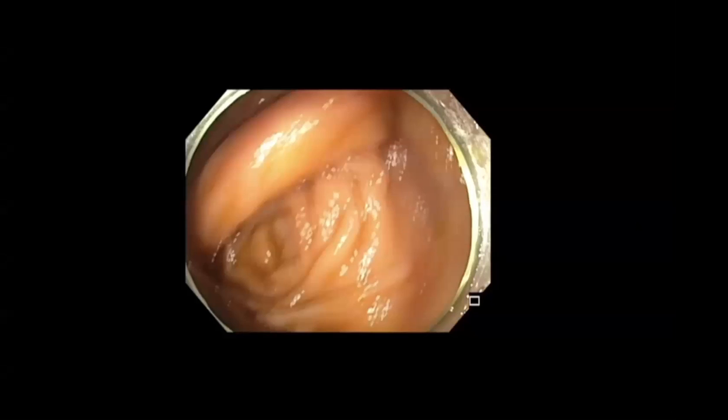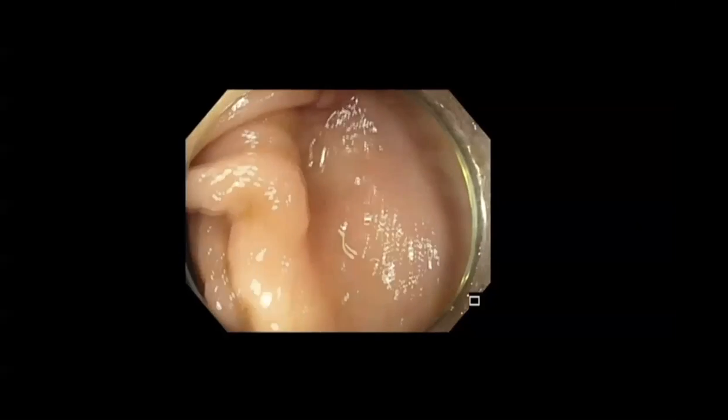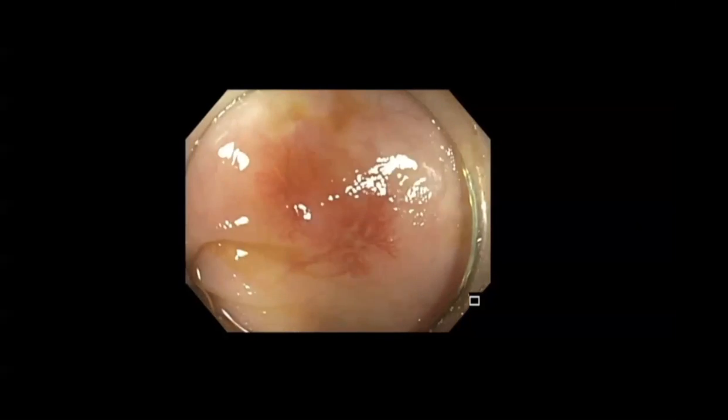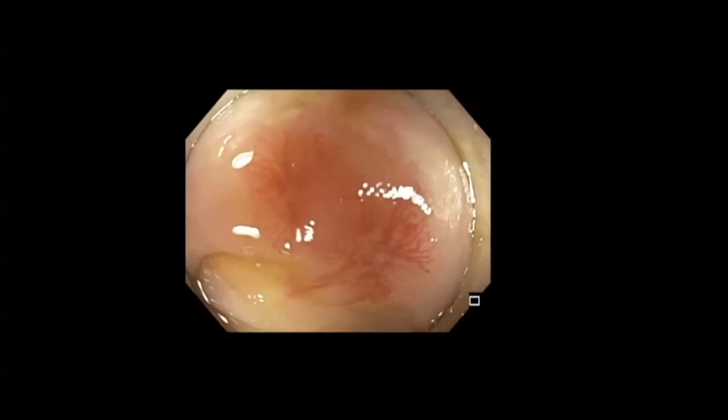So let me share this endoscopy, and I really appreciate the patient for doing an excellent prep. And this is the endoscopy finding. So we are in the cecum, and as you can see here, there is a lesion.